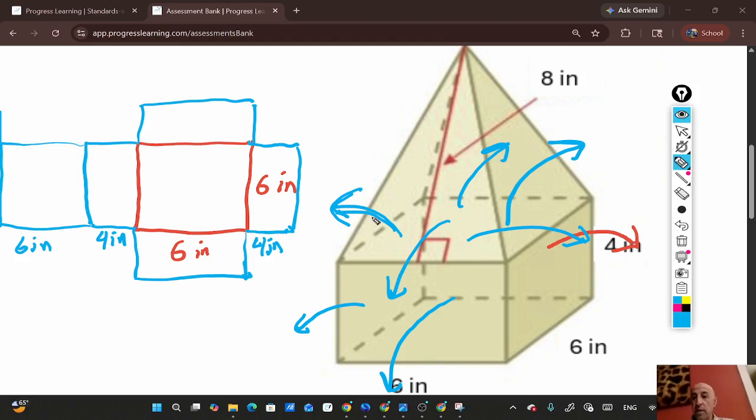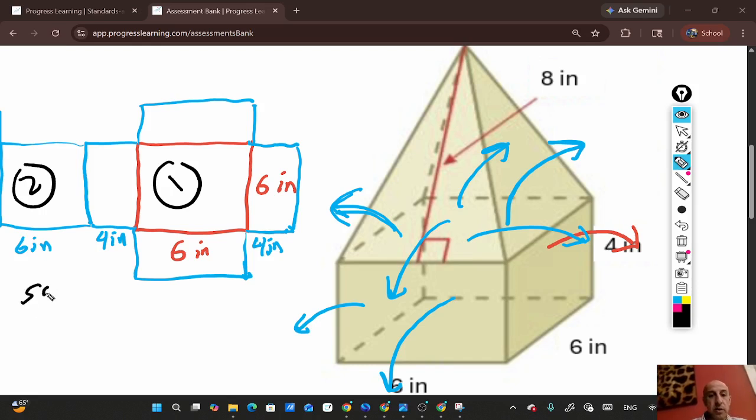Now to find the surface area, we have two shapes which are squares. Here is the first shape and here is the second shape. When we are talking about a square, the area equals the side squared. The side is 6 here, 6 here, 6 here, and actually 6 here.